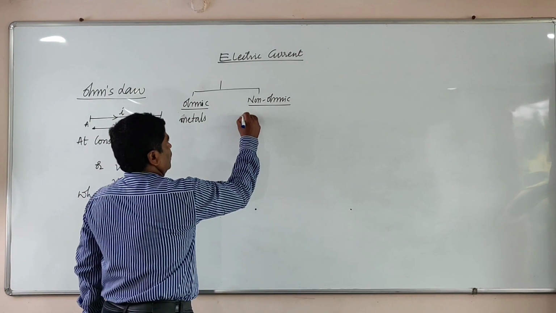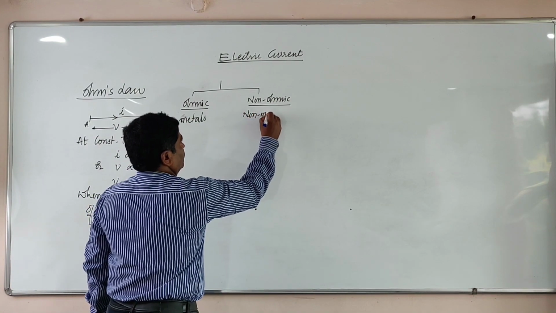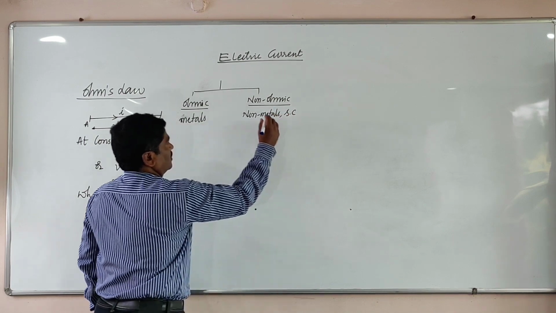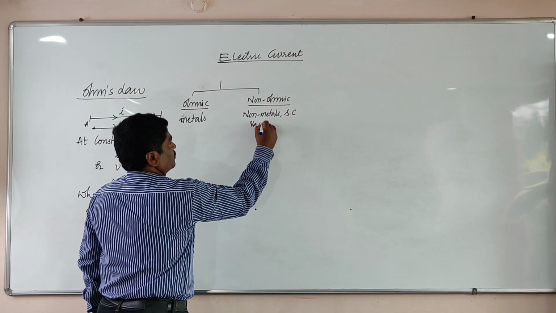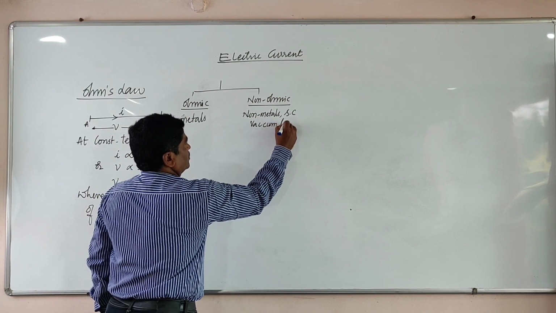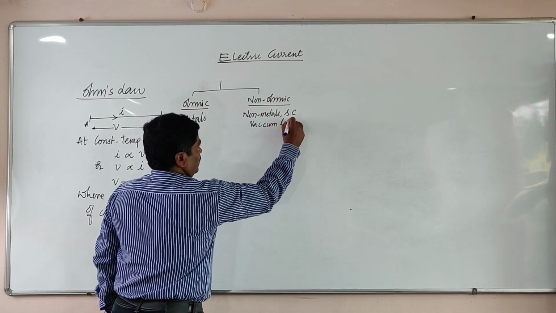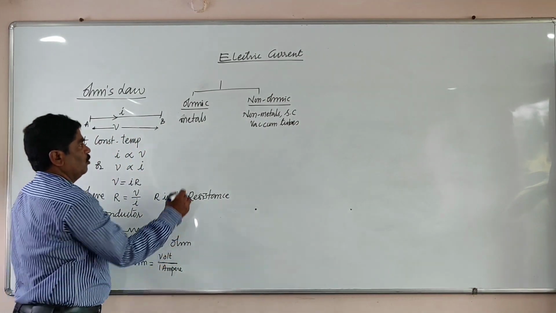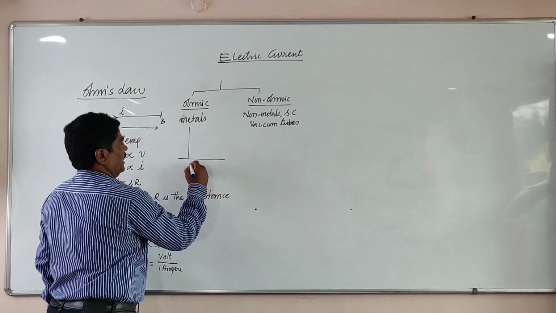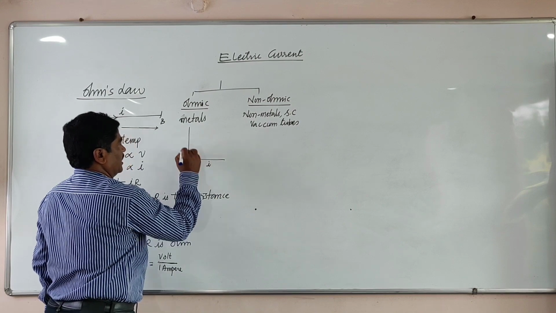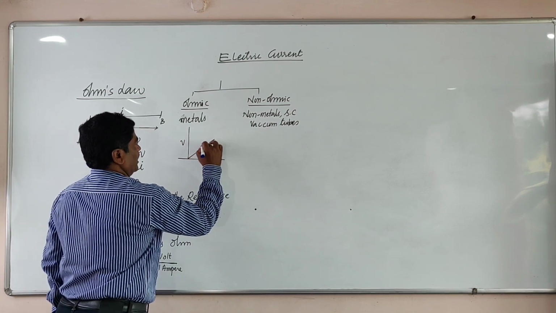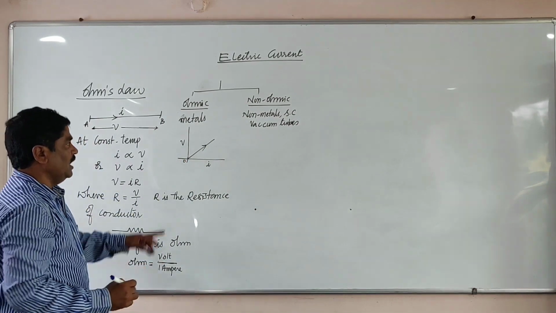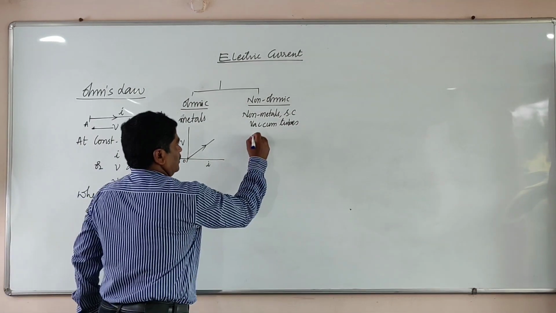Non-metals, semiconductors, vacuum tubes and thermistors come under non-ohmic conductors. If you draw a curve of I versus V for an ohmic conductor, a straight line passing through the origin occurs, and this is Ohm's law.